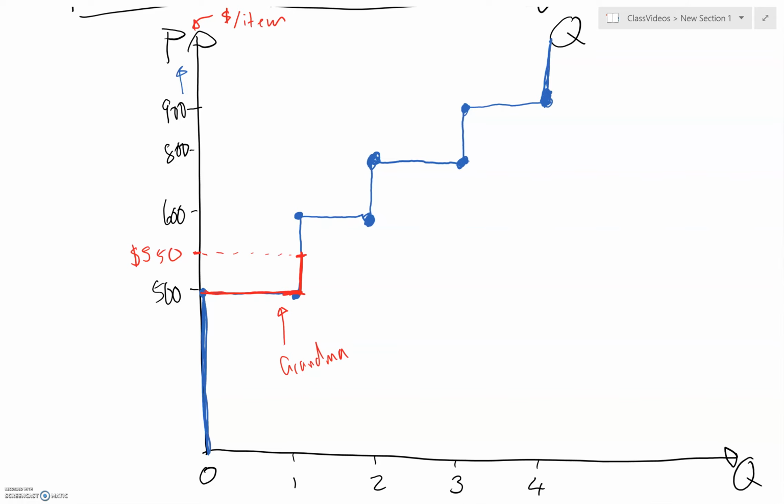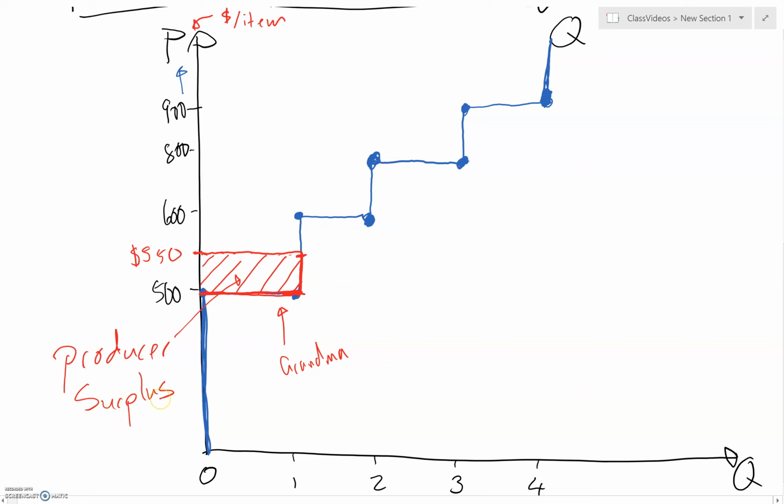But here we can measure her total benefits of participating in the market when the price is $550 by the area between the price she sells it at and her marginal cost. So that's this area here. This would be Grandma's producer surplus when the price is $550.